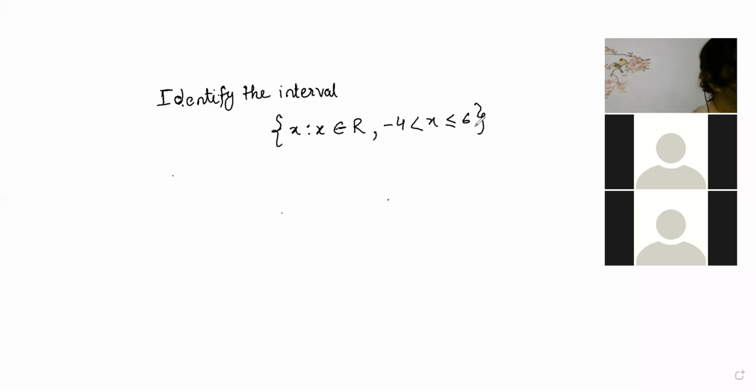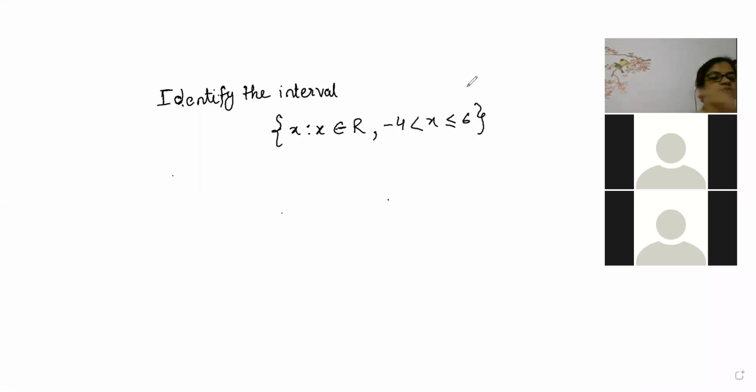Okay. Anila has written the -4 to 6 interval. Bhumika wrote -3, -2, -1, 0 to 6. Okay, what about others, beta? Daneshwari, Pavitra, Arvind.